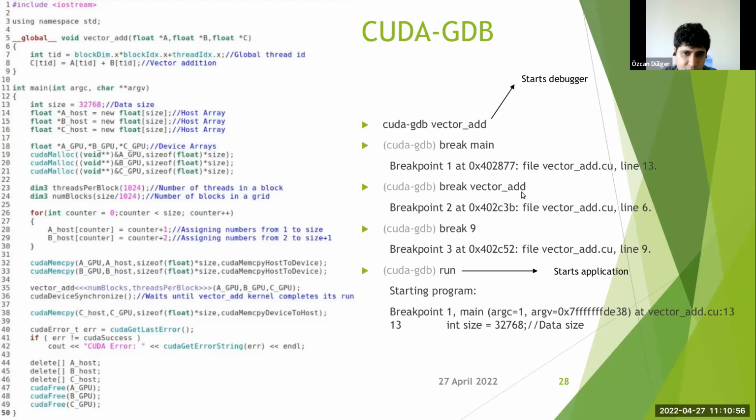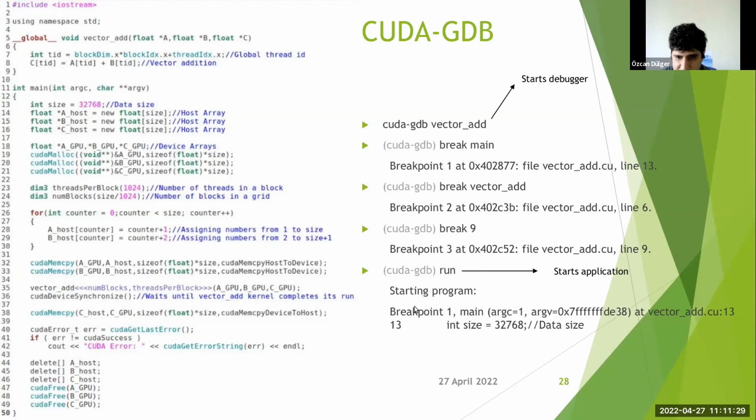So we set the second breakpoint to the vector add kernel, and we set the third breakpoint to line 9. Here we are entering the line number. Then when we enter run, our application starts inside the debugger.